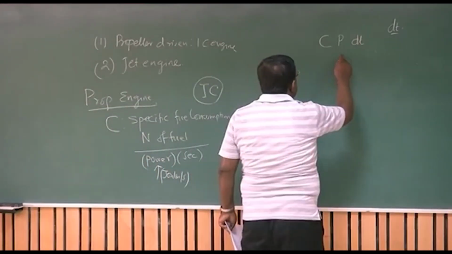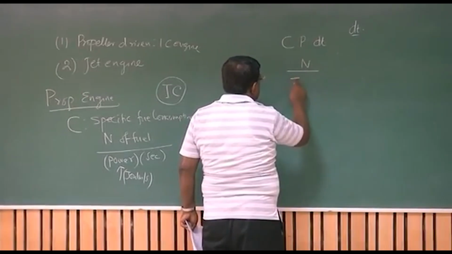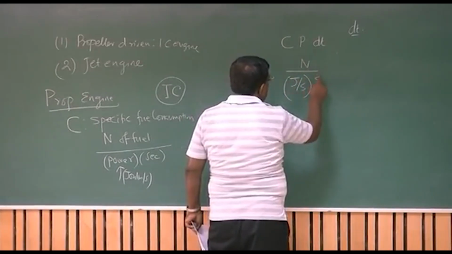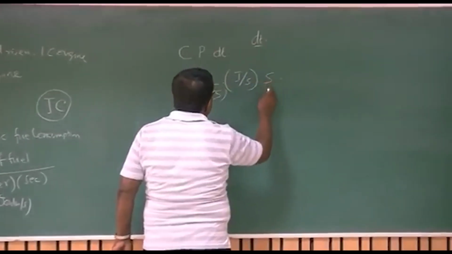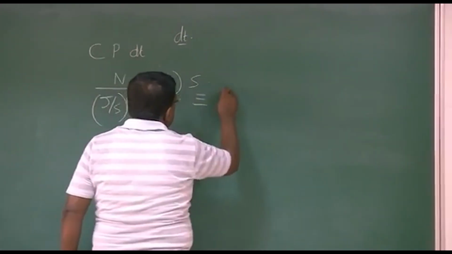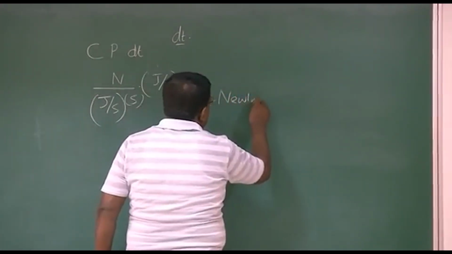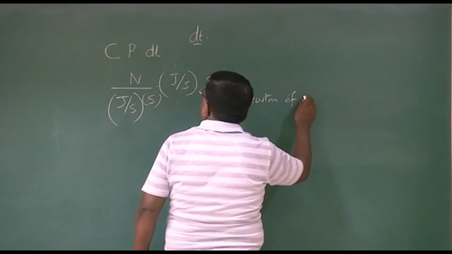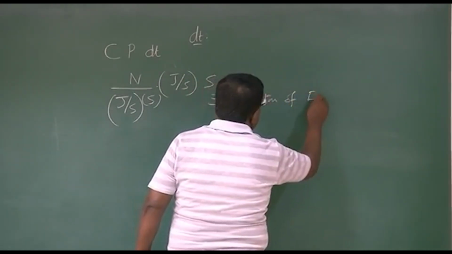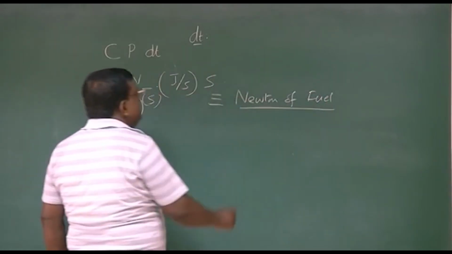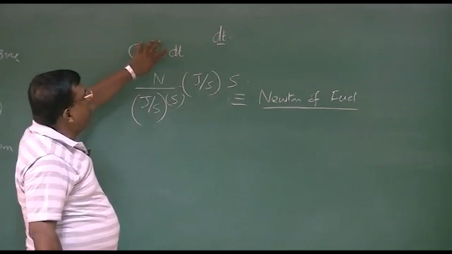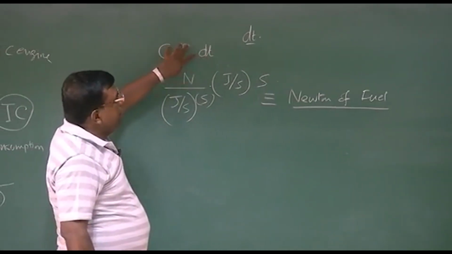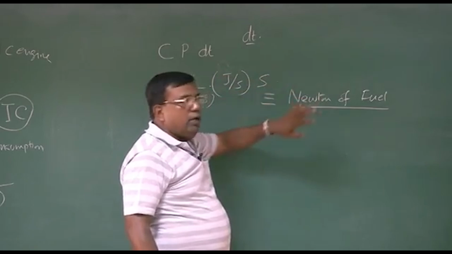C is Newton per joules per second, P is power in joules per second, and dt is in seconds. So dimensionally you get Newton of fuel. So I know now that if I multiply C into power into dt, then I get the Newton of fuel which is consumed.